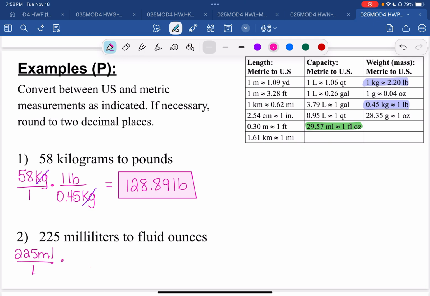I'm going to multiply that by my unit fraction, but again, I want my milliliters to be in the denominator. So 29.57 milliliters, 1 fluid ounce, because my milliliters will cancel. I'm going to divide on this one, and that leaves me with 7.61 fluid ounces.